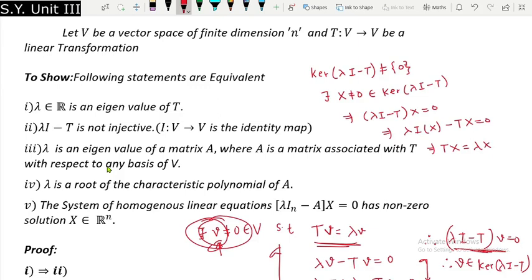Is that okay? Because I is the identity map, so Ix is going to be x again, and since this is happening where T is a linear transformation, this is also going to hold for the matrix representation of T, and I am going to use this notation for that. So this is the matrix representation of T with respect to any basis of V. So this matrix is also going to satisfy this one.